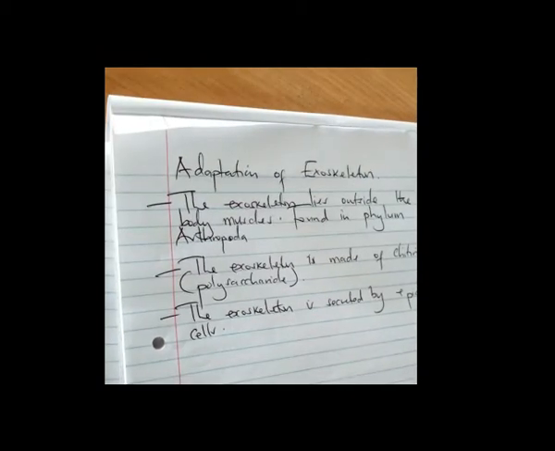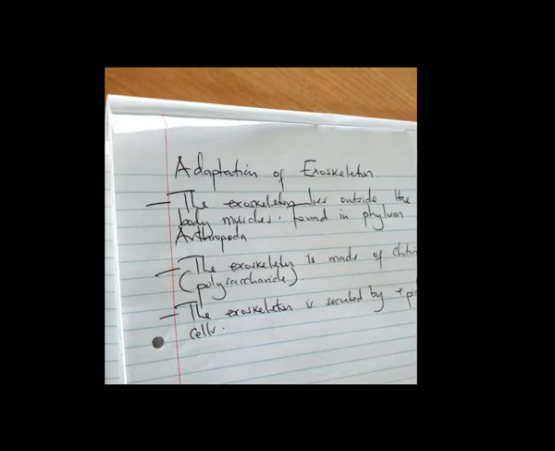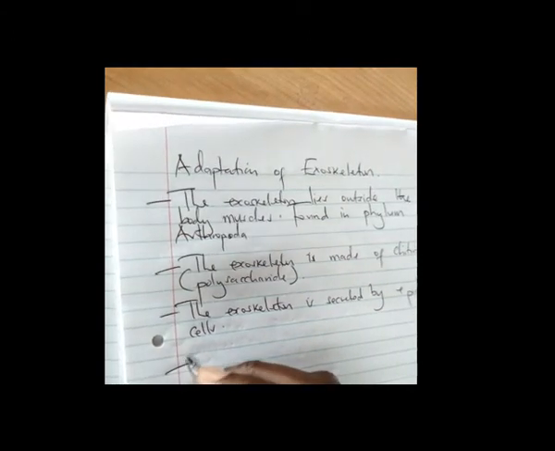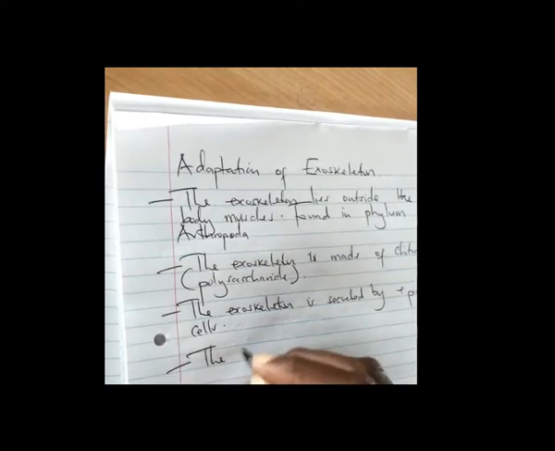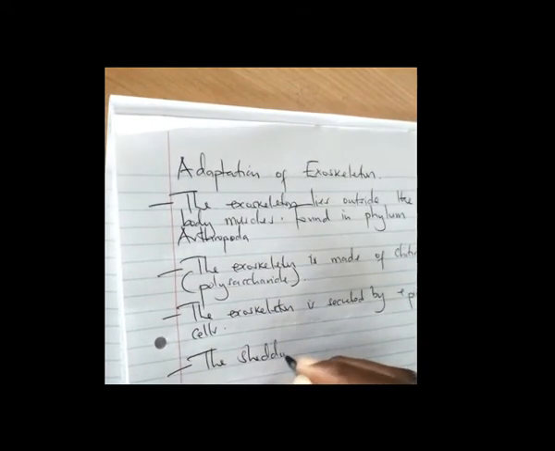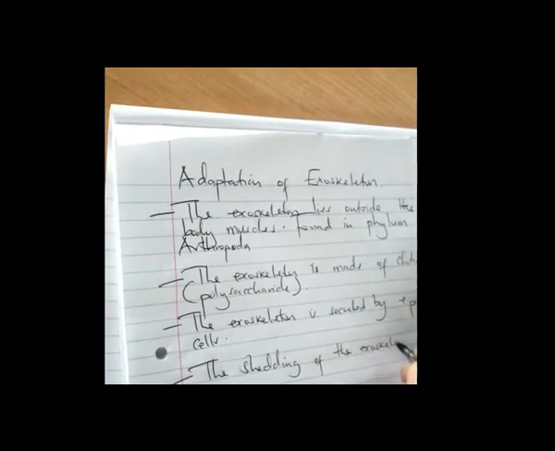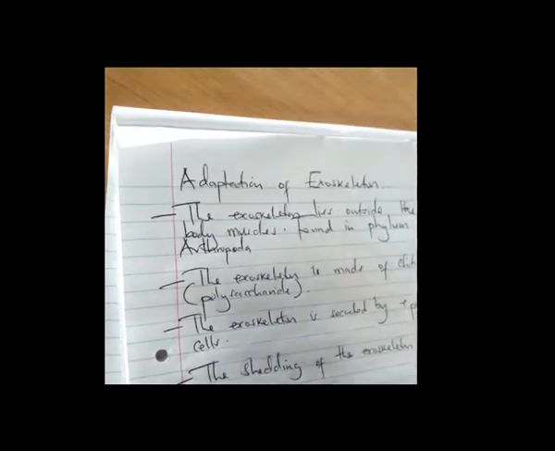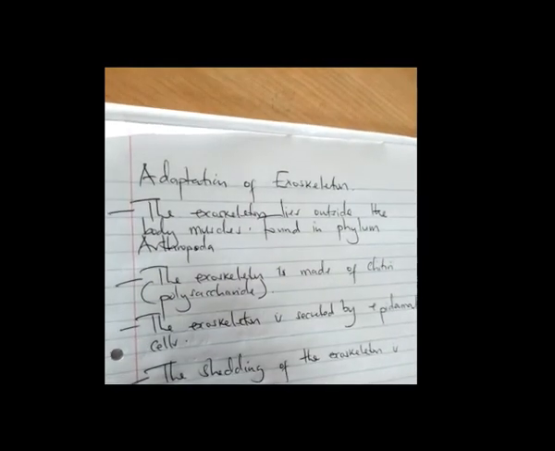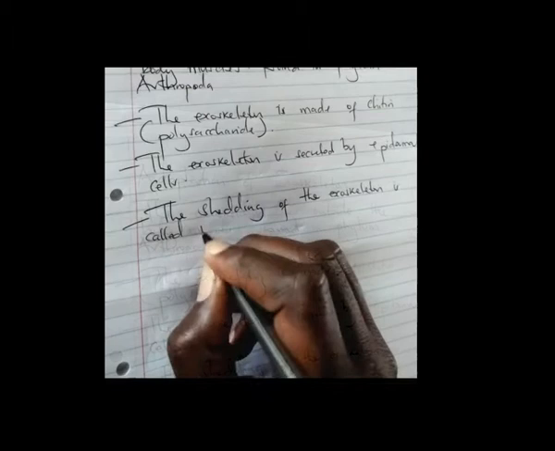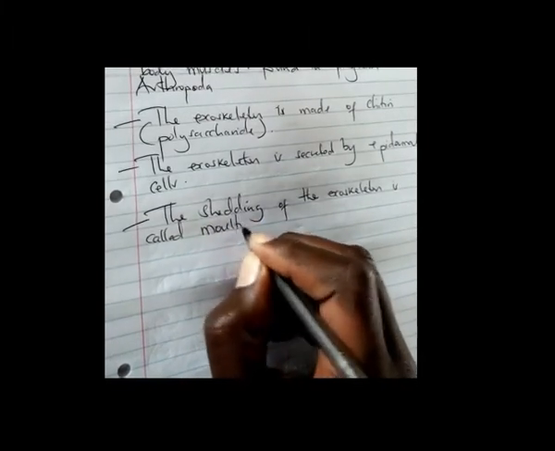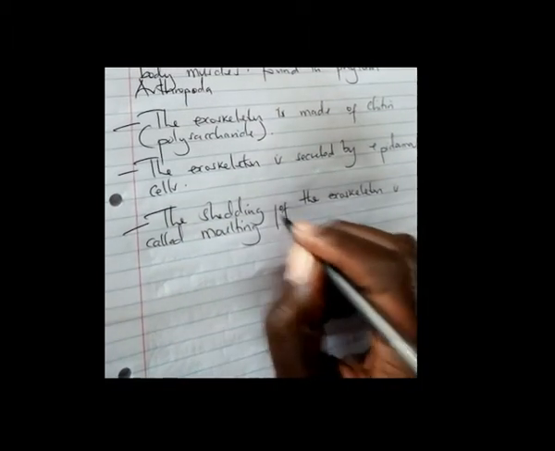Now, because the exoskeleton is found on the outside of the body, normally it undergoes shedding. The shedding of the exoskeleton is called molting, or you can call it ecdysis.